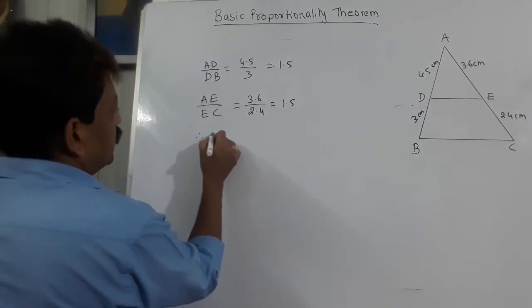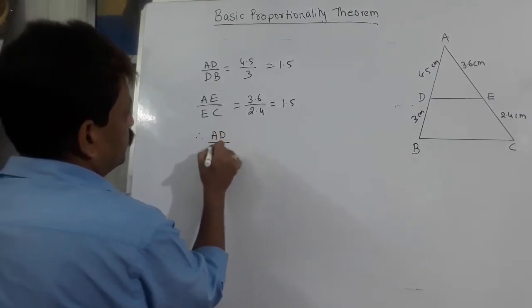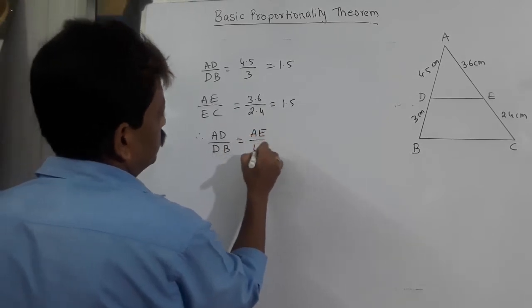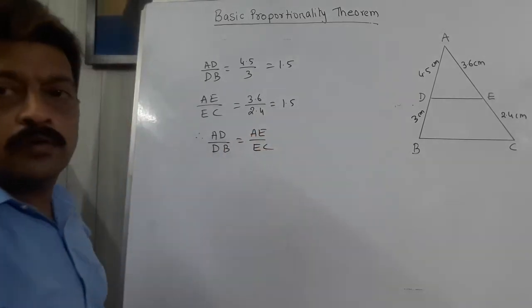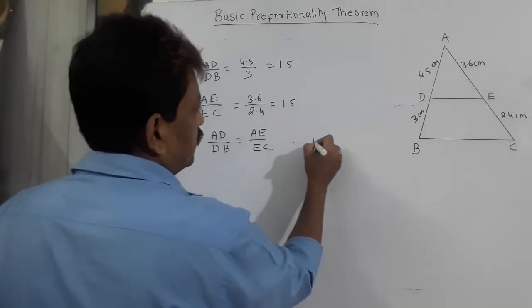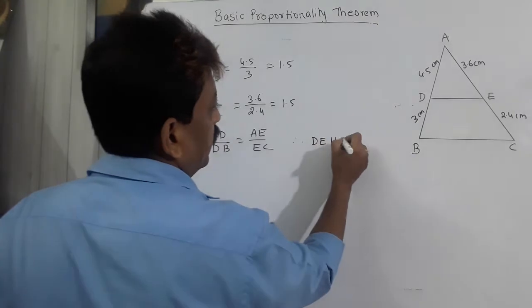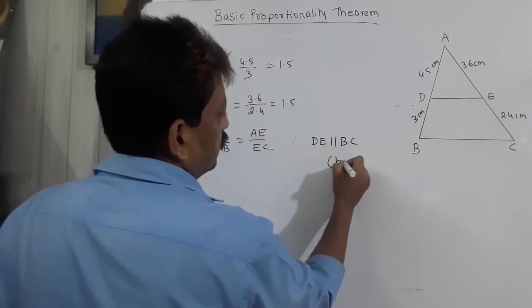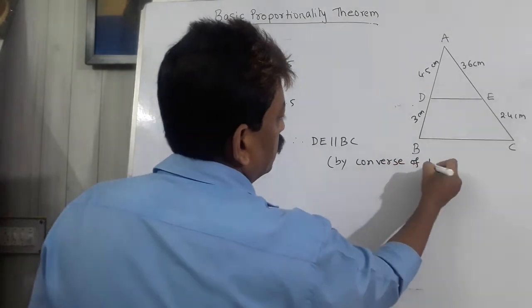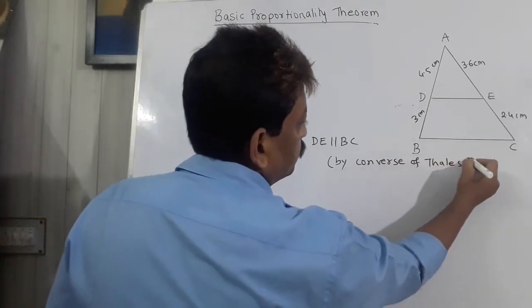Therefore, we can say that AD upon DB is equals to AE upon EC. So ratios are equal. Therefore, we can say that DE is parallel to BC by converse of Thales theorem.